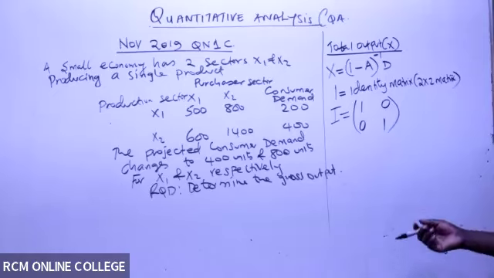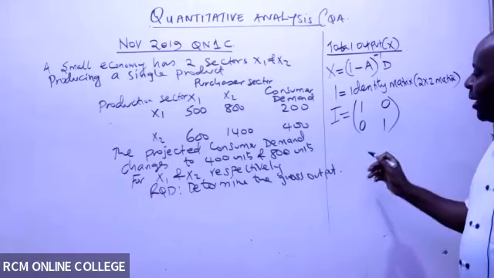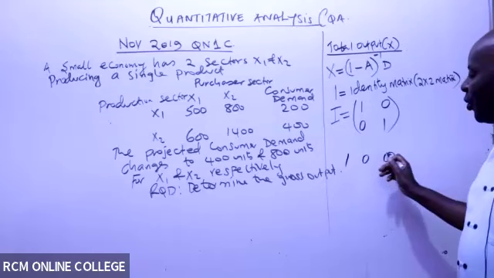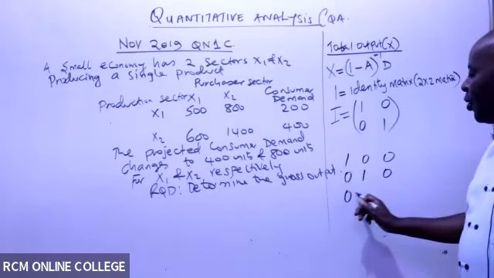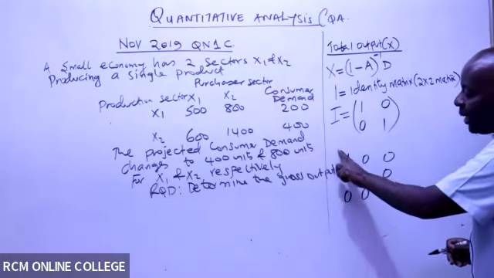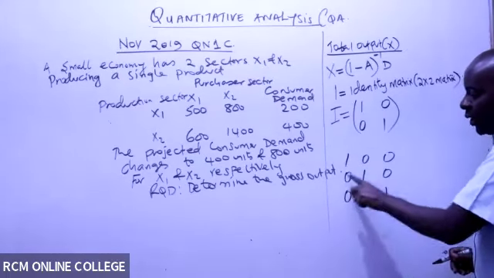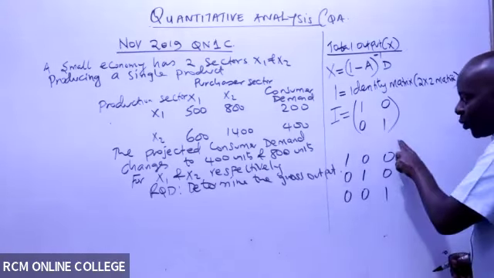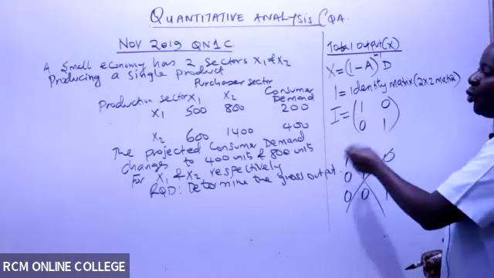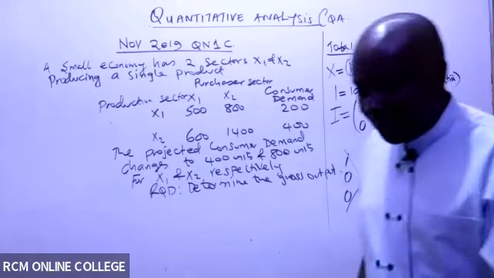If they told me to write a 3 by 3, I know how an identity matrix looks: it would have been 1, 0, 0, 0, 1, 0, 0, 0, 1, because an identity matrix is a matrix whose main primary diagonal has 1s and all the other figures are zeros. We don't want to write the 3 by 3, because we are doing a 2-sector question. So this is our identity matrix.